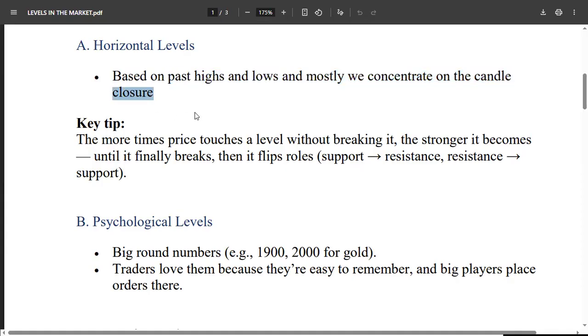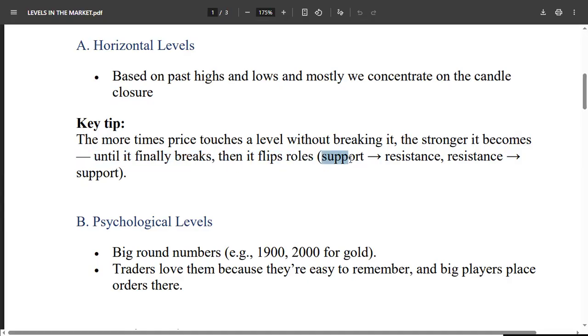So the more times price touches the level without breaking it, the stronger the level becomes. And when it finally breaks that level, then the level flips its role.